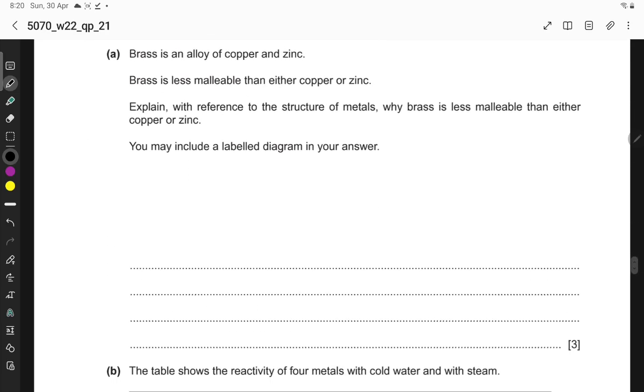Question number 8. This question is about an alloy of copper and zinc. Bronze is less malleable than either copper or zinc. Explain with reference to the structure of metals why bronze is less malleable than either copper or zinc. You may include a labelled diagram in your answer.